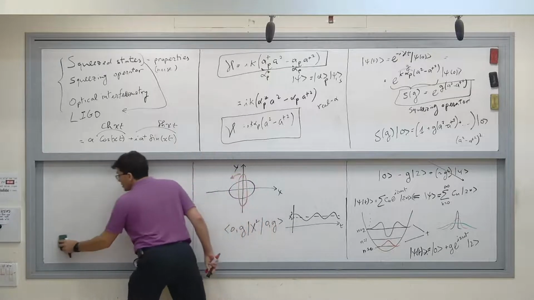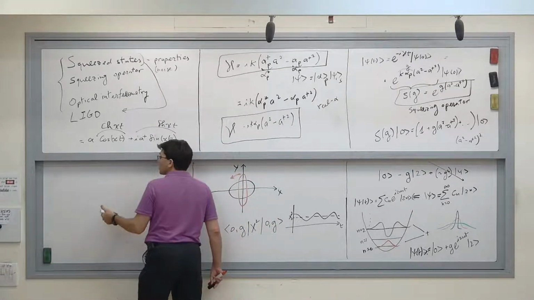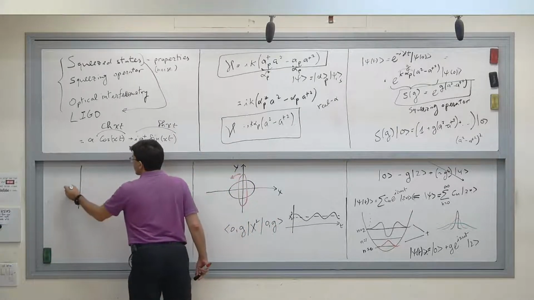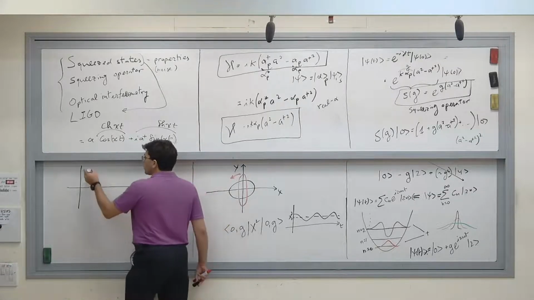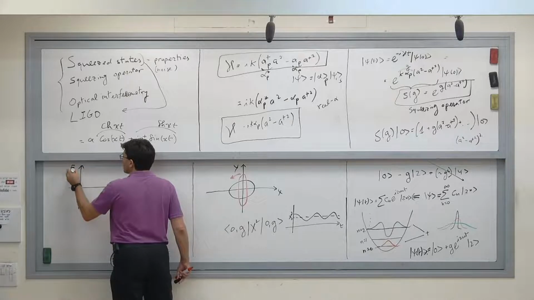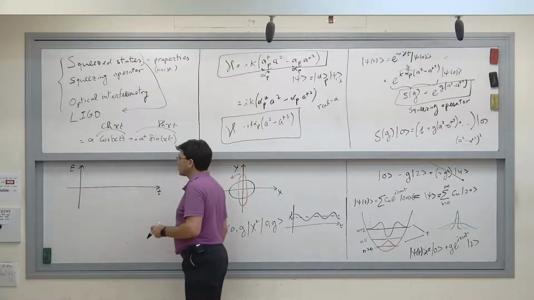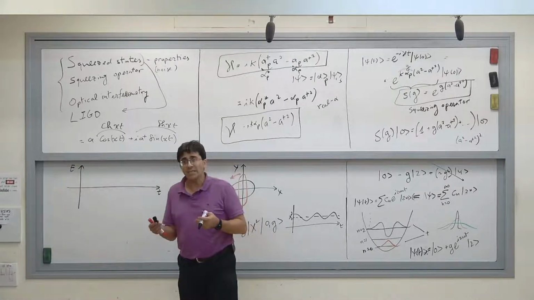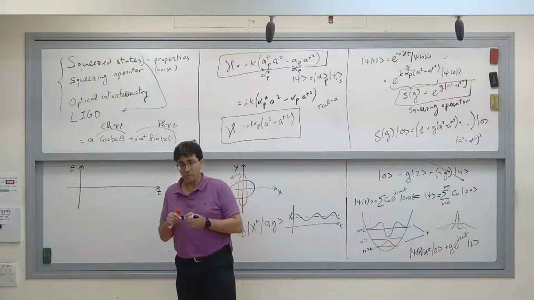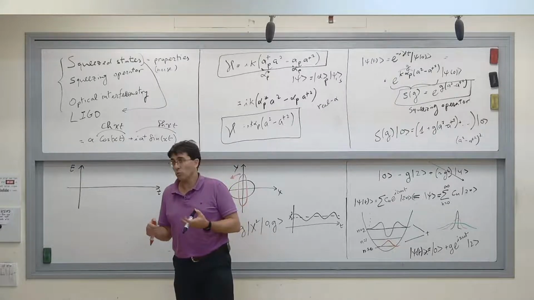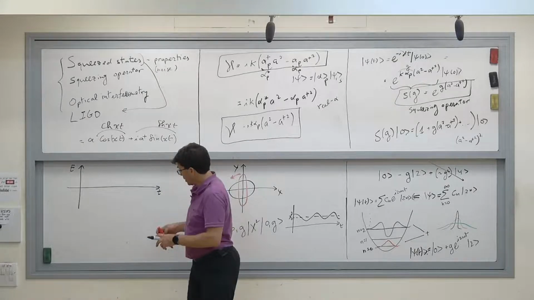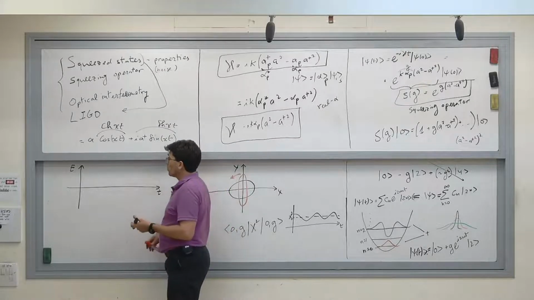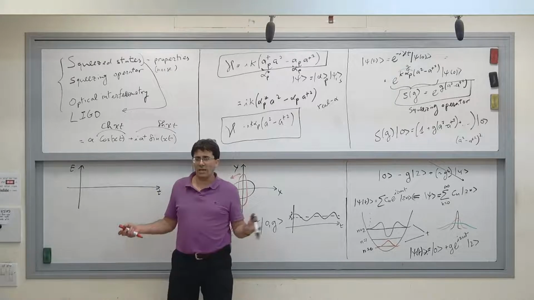So if I ask myself, well, if I just measure the field, okay? I measure the field. Now, the electric field is a Hermitian operator. You can measure it. You can do that for the vacuum as well. But, well, we know what we should get on average. On average, it's going to be 0.